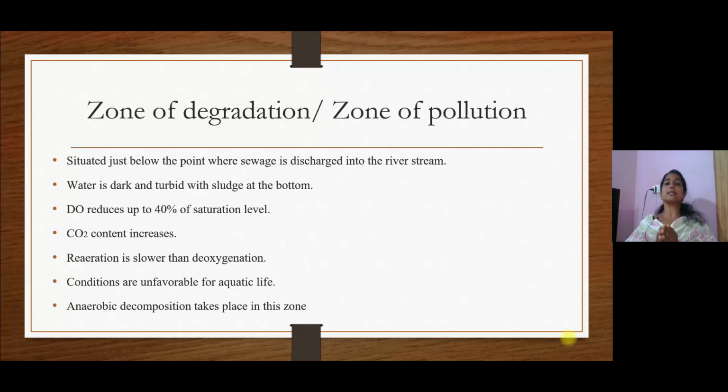This zone is the disposal point. That is the location where the wastewater is disposed of. It is situated just below the point where the sewage is discharged into the river stream. The color of the water will be different from the receiving water, and the turbidity of the water will be more, and this will settle.